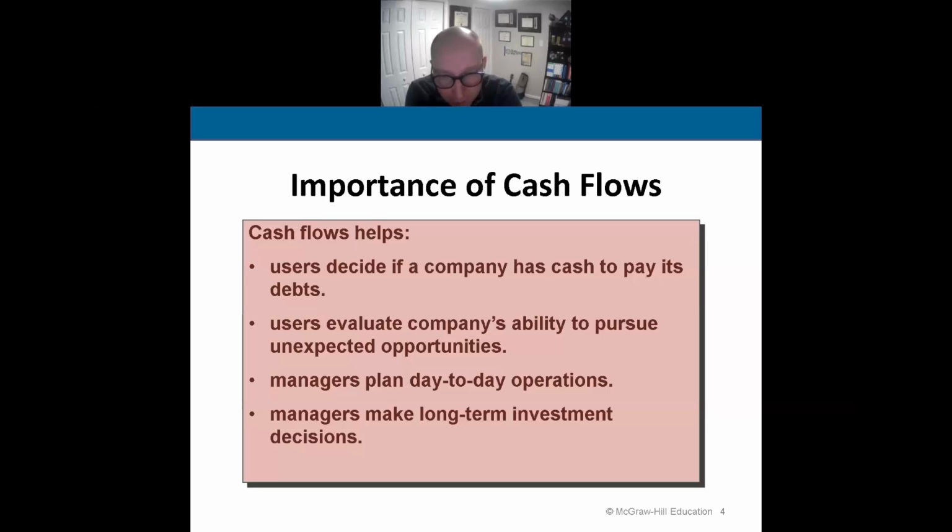The cash flow also helps us to plan day-to-day operations. I need to know how much cash I have on hand in order to pay my bills. It also helps me to know when I'm receiving cash from my customers and when my bills are due to make sure I have enough cash flow coming into and out of the business for the day-to-day operations.